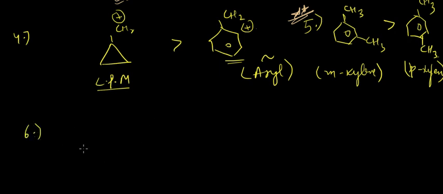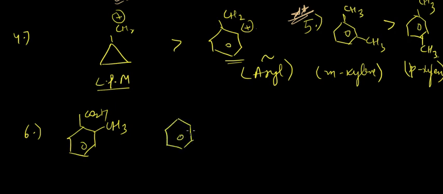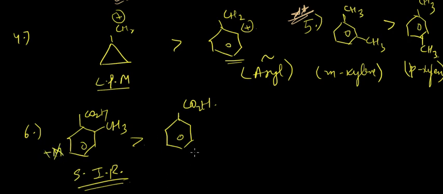Okay, let us comment on the acidic strength of this. I hope you remember that this is more acidic than this because of the SIR effect. So the plus M of the benzene ring will not be there, unlike in this case.